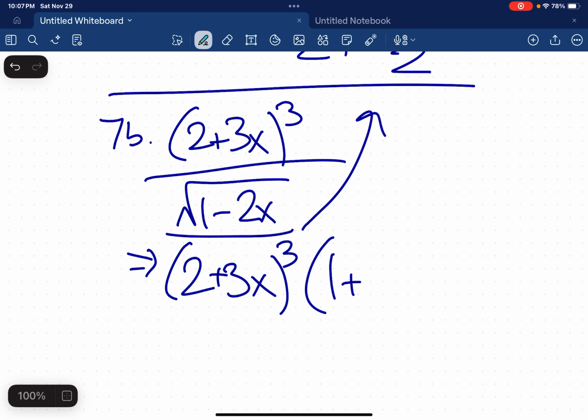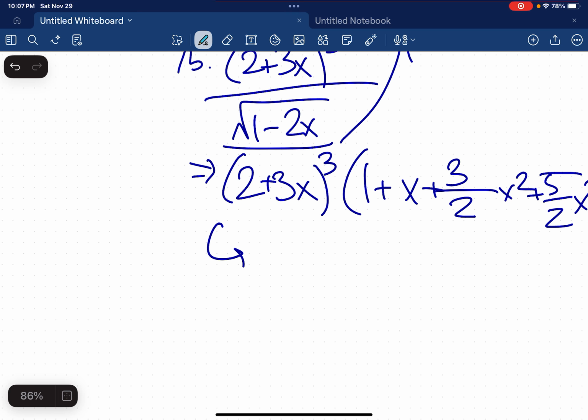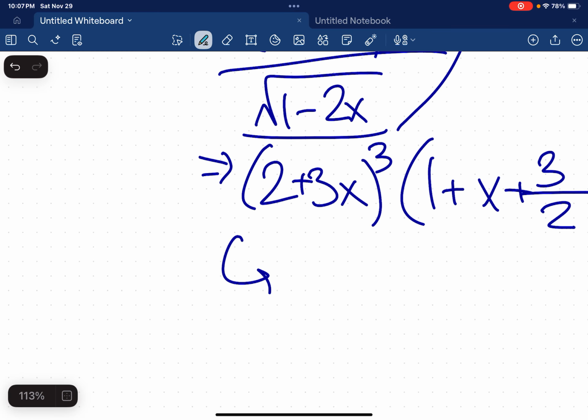So 1 plus x plus 3 divided by 2 x squared plus 5 divided by 2 x cubed. So all we need to do is actually solve for our left-hand side.